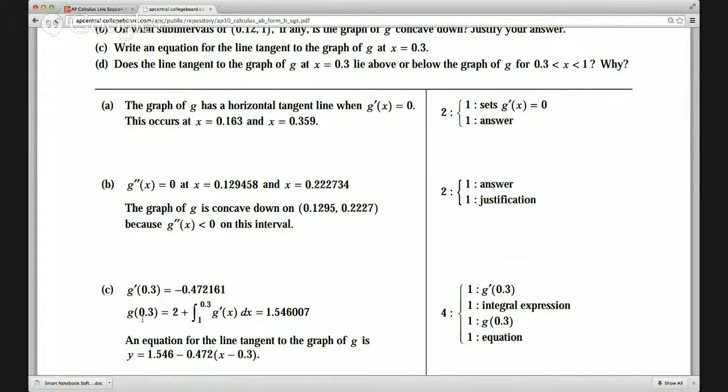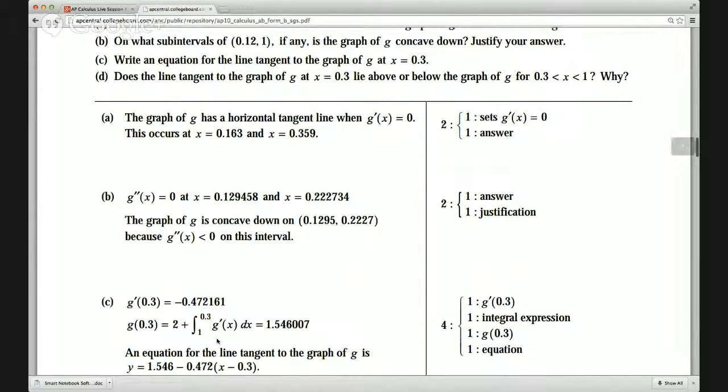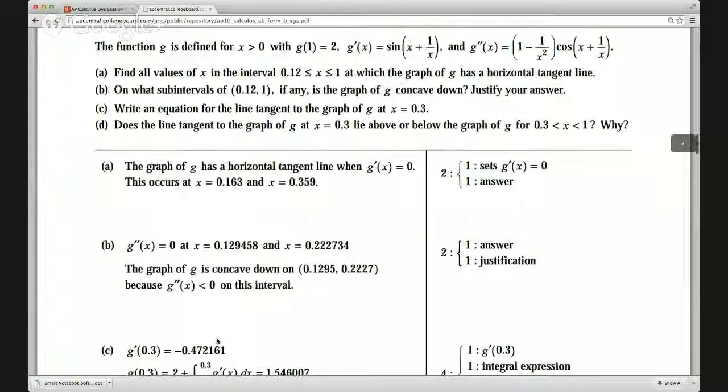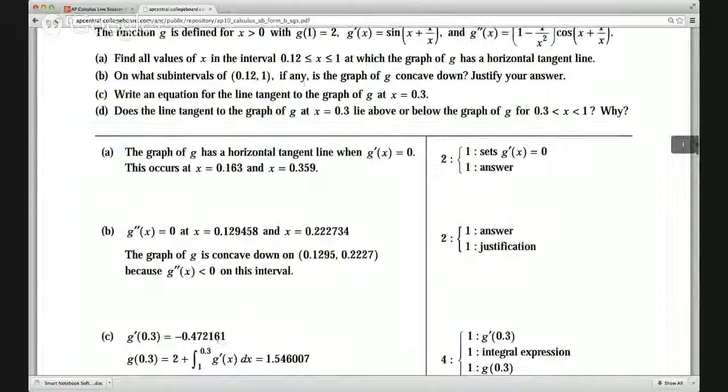So to find that y value, we need to do an antiderivative here, going from 1 to 0.3, because we know what g of 1 is. So we are starting at g of 1 and then going to 0.3. G of 1 is 2. So we're going to have to add that to the beginning to find our current position, if you will, on the graph of G.